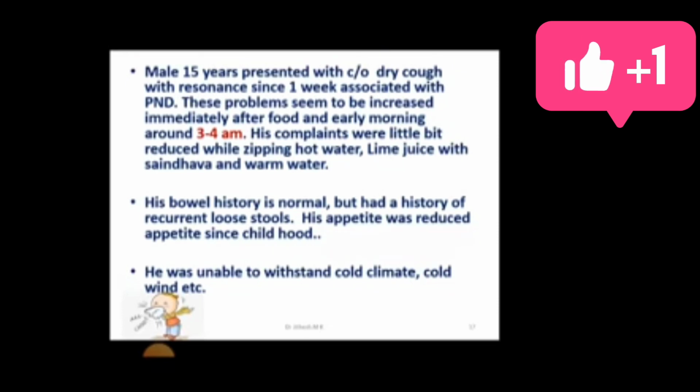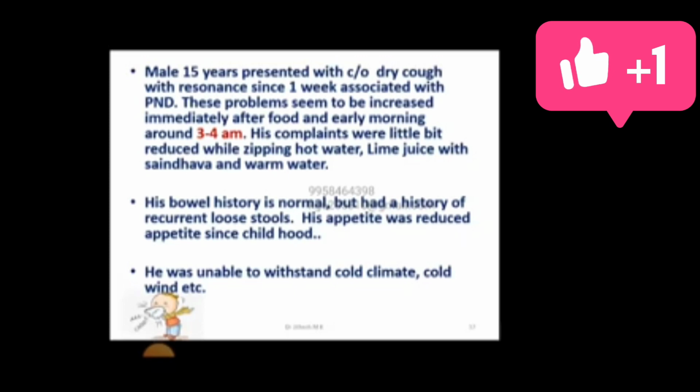And when asked what he does to reduce the symptoms, he says that he drinks some warm water mixed with salt or simple lime juice, and gradually the problem reduces. Here, the difference is that his bowel history is normal, but he has a history of recurrent loose stools. His appetite has been reduced since childhood. What could be the diagnosis?